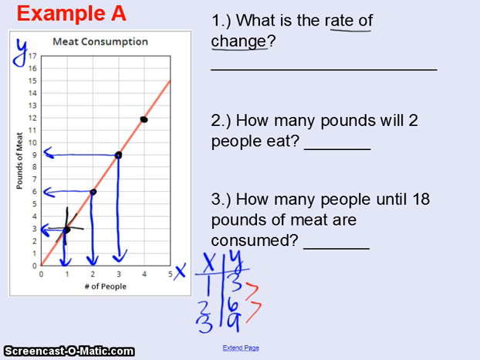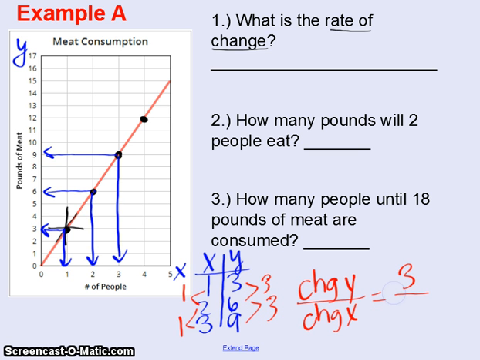Okay, so my y values are going by 3, and my x values are going by 1. So I want to do the change in y over the change in x. So my change in y is 3 over my change in x is 1.